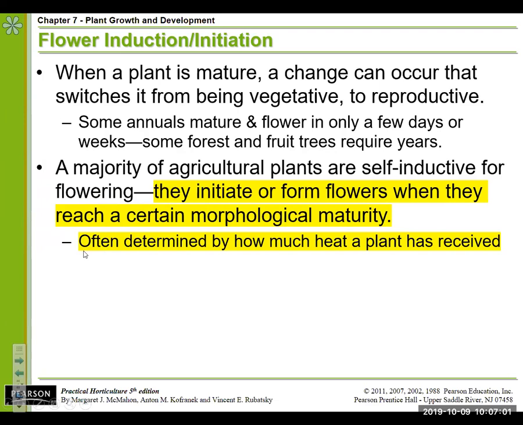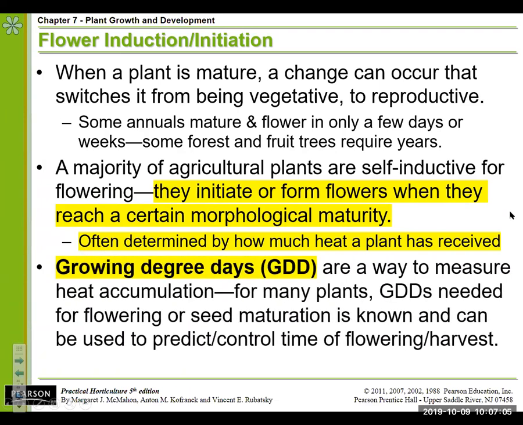And for our annual crops, one way that we look at that is by how much heat a plant has received. And we can look at that in terms of growing degree days, or sometimes called heat units, as a way to measure the heat accumulation for many different crops, and basically as a way to try to predict when we're going to be able to harvest the crop.